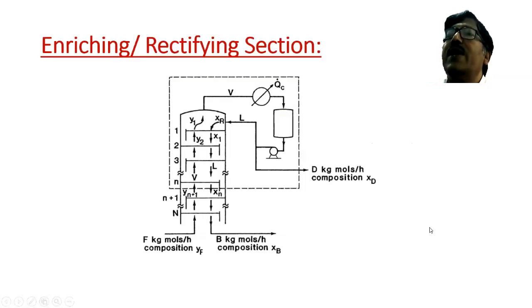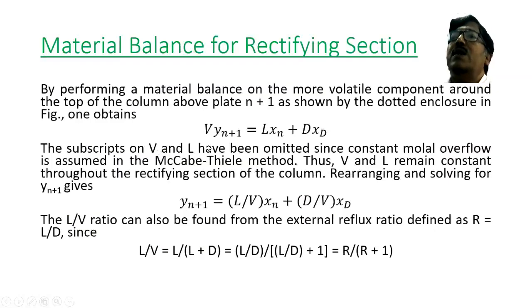So now let us do a material balance and component balance. Based on that, we get vapor flow rate multiplied by vapor composition, which is the total moles of more volatile component going upward along with this vapor.